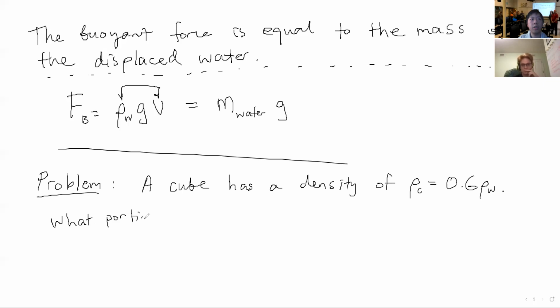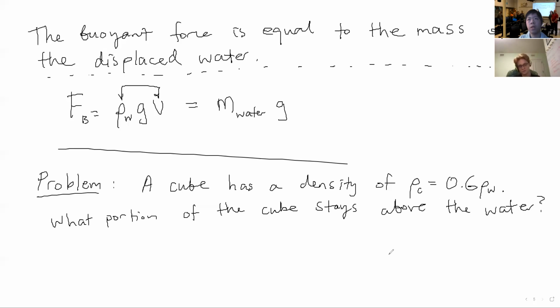So what portion of the cube stays above the water? It's important to keep in mind that the mass of the displaced water is not equal to the volume of the whole box times the density of water, because the displaced water is only the bottom part of the box that's in the water.